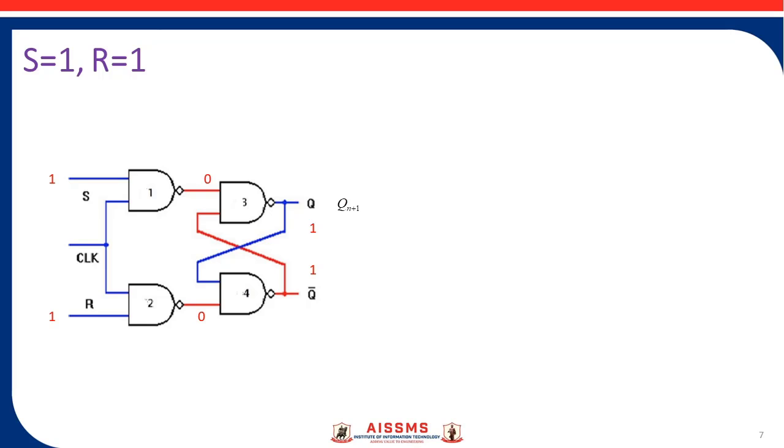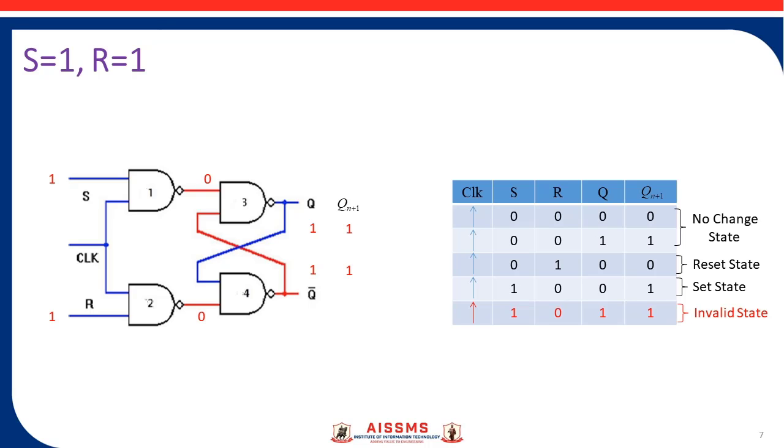But it is not possible, because we are taking the value of Q as 1 and Q bar is also 1. Means the complement should be 0 here, but we are getting 1. So this state is an invalid state.